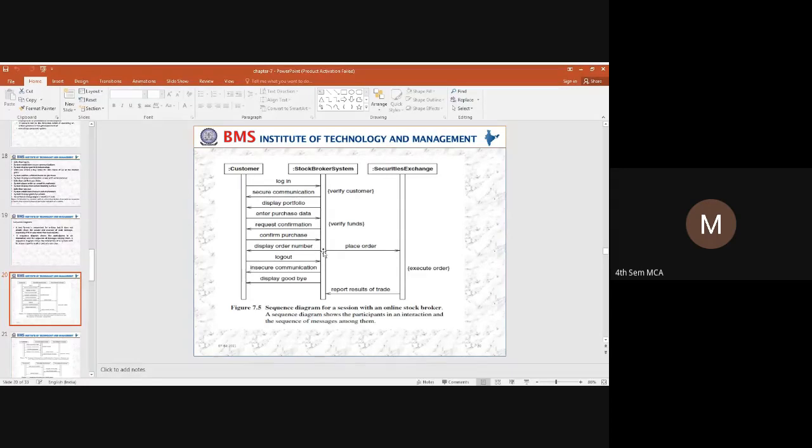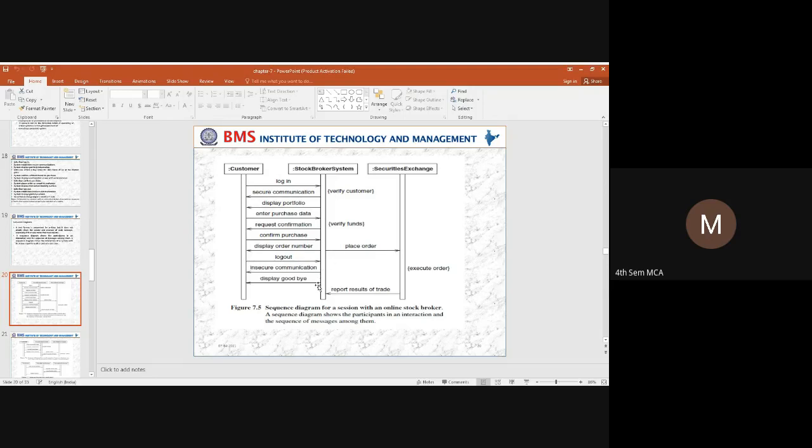Simultaneously it will place the order on behalf of the customer with the security exchange, which is going to execute the order. Meanwhile, while the order is being executed, the customer will log out of the system.